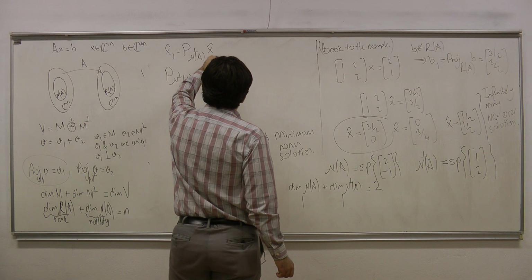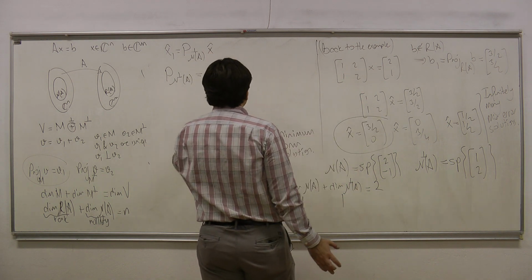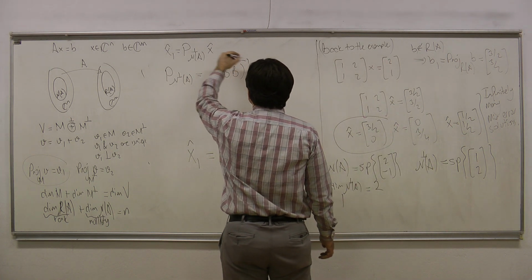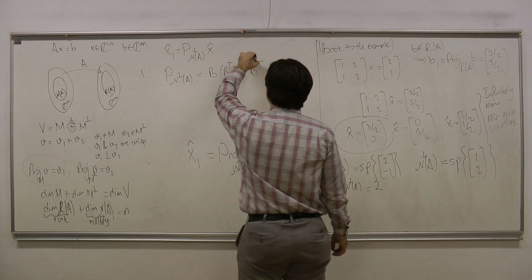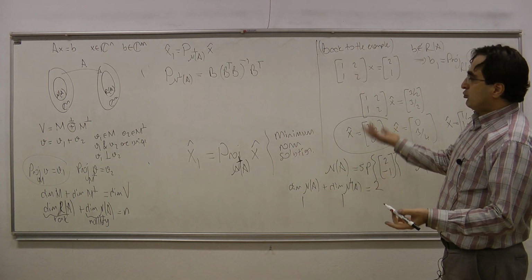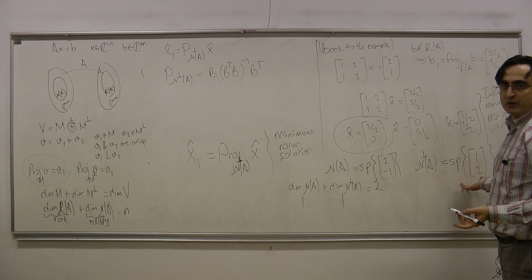This is going to be B (B transpose B) inverse B transpose. Again, we are working with real vectors, so instead of Hermitian, I can write transpose here. And how should I choose my B? B should be composed of the basis vectors of the subspace that I would like to project onto.